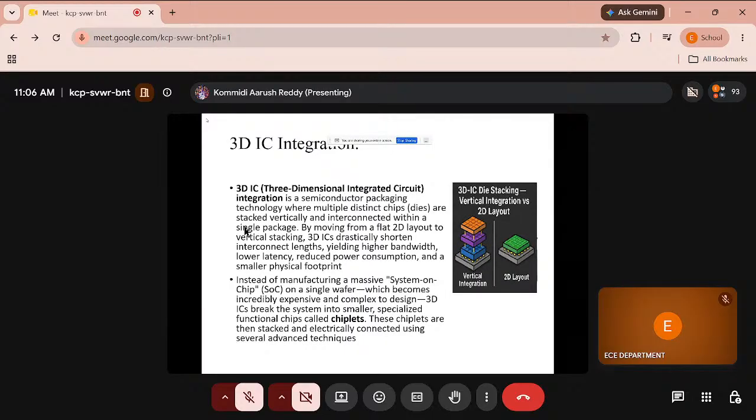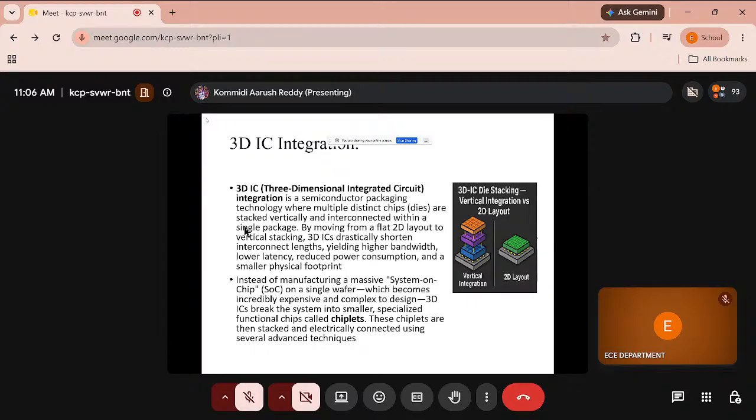By moving from flat 2D to 3D IC integration, it yields shorter interconnect lengths, higher bandwidth, low latency, reduced power consumption, and a smaller physical footprint.